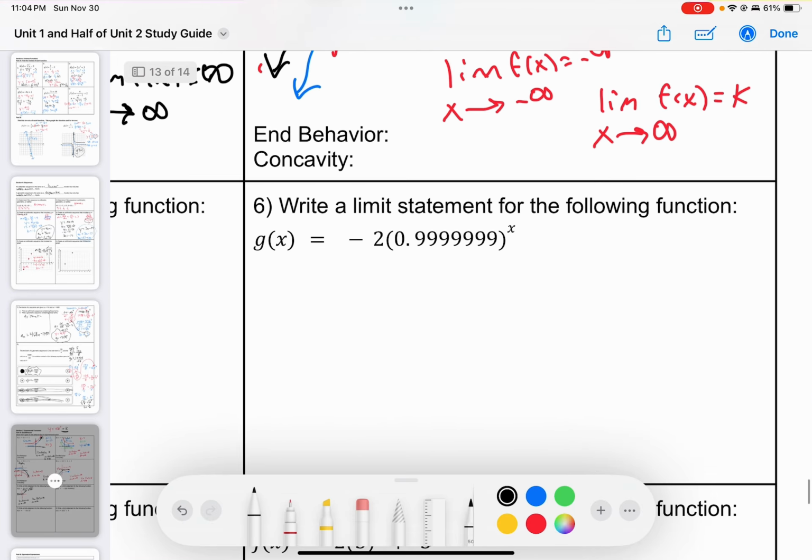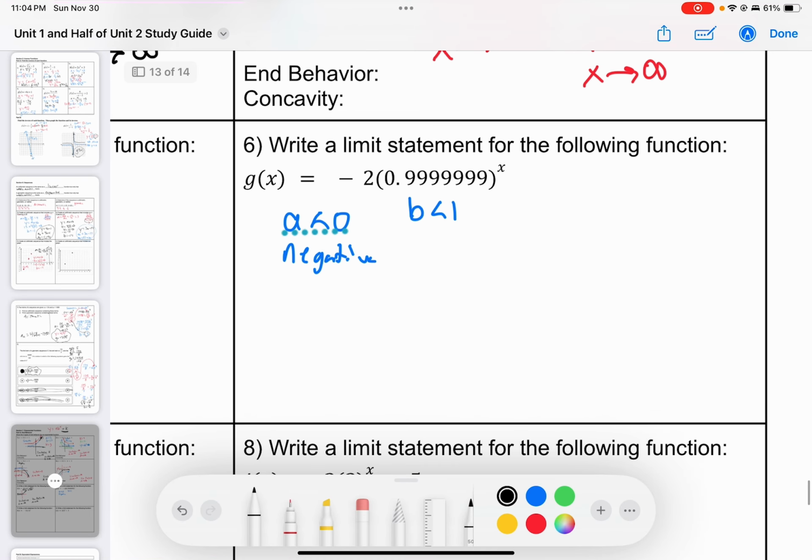All right, this time we have a that is less than 0, which means it's negative. And we have a b that is less than 1. 0.9999, it's very close to 1, but it is less than 1. So we're going to get something that looks like this. It's going to start in the negatives and go exponentially to k. Again, k is equal to 0. There's no number here.